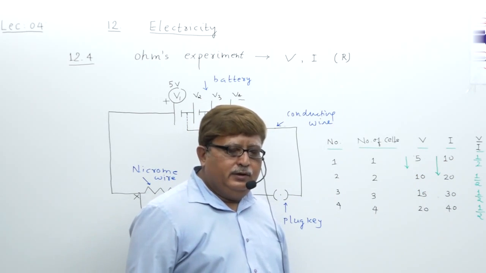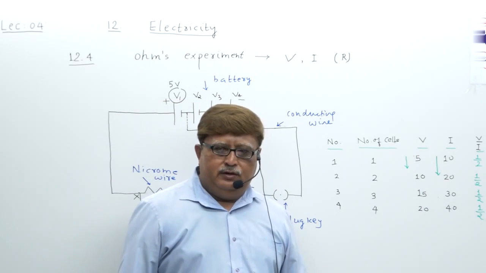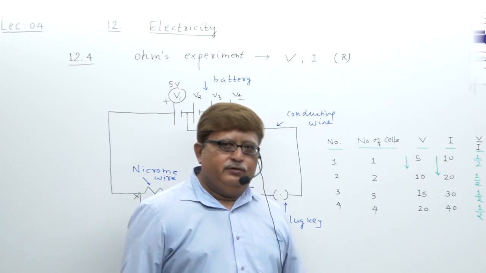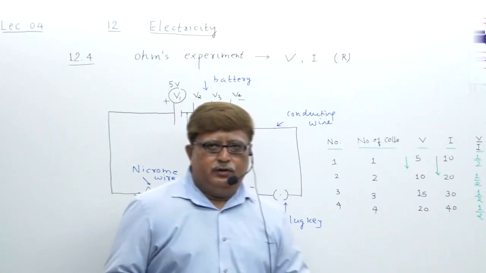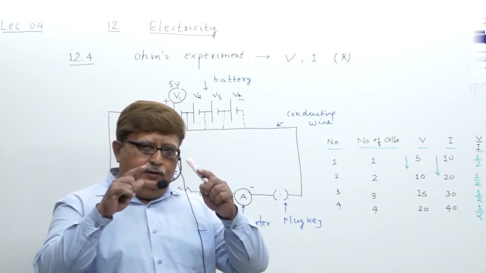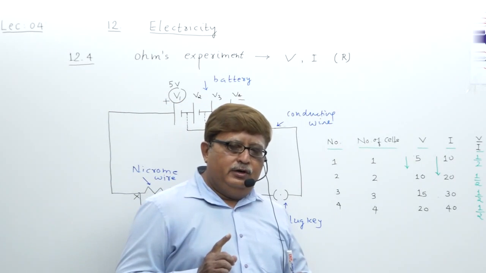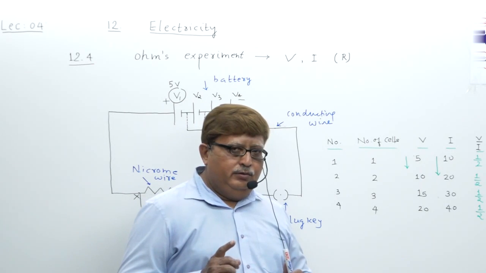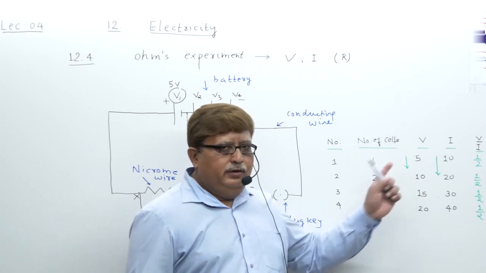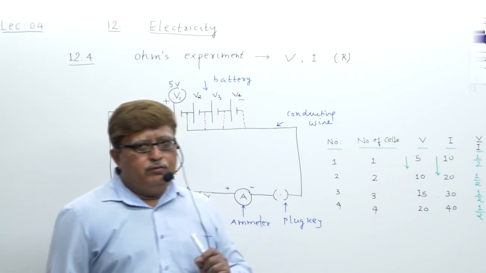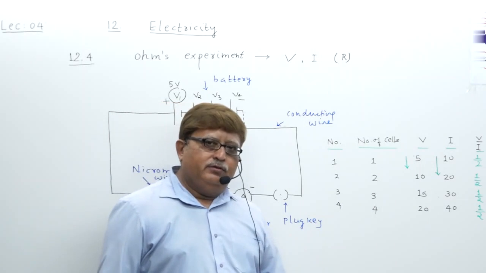So ultimately, if you can remember 8th standard direct variation, where both physical quantities are increasing simultaneously in a uniform manner, the ratio of both varying physical quantities V and I remains the same.